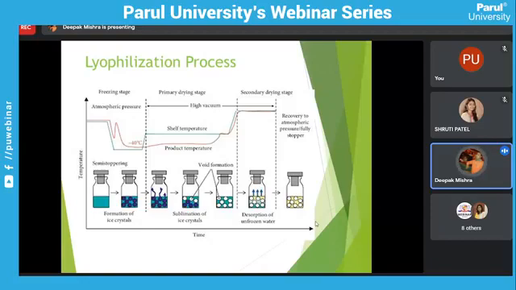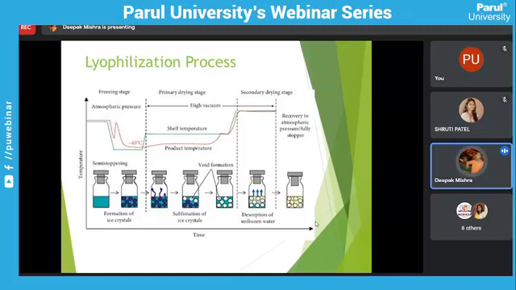In this process, we first start with the primary freezing step. You can see the formation of ice crystals has started.